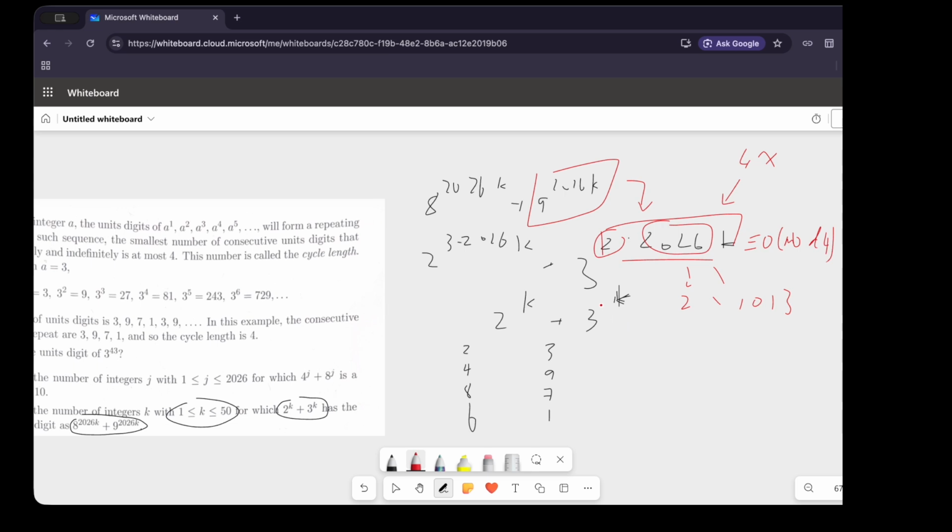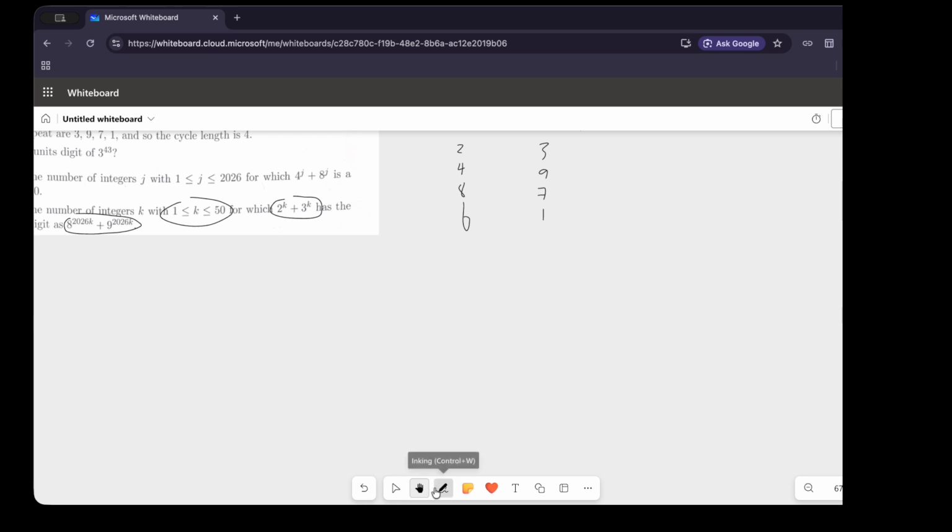So this means this term's unit digit can only be 1, which largely eliminates our choices here. So the only choices are 2 plus 1 equals 3, 4 plus 1 equals 5, 8 plus 1 equals 9, and 6 plus 1 equals 7.